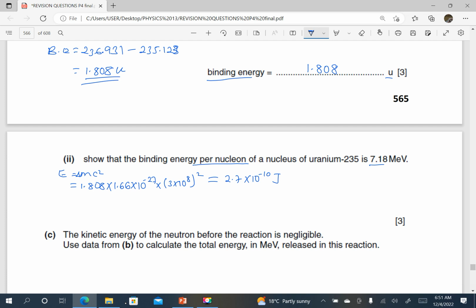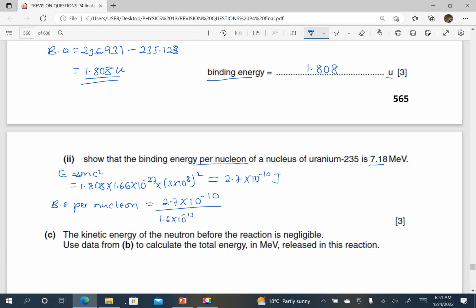So the binding energy per nucleon is going to be 2.7 times 10 power negative 10 divided by, to change it to mega electron volts, 1.6 times 10 power negative 13.